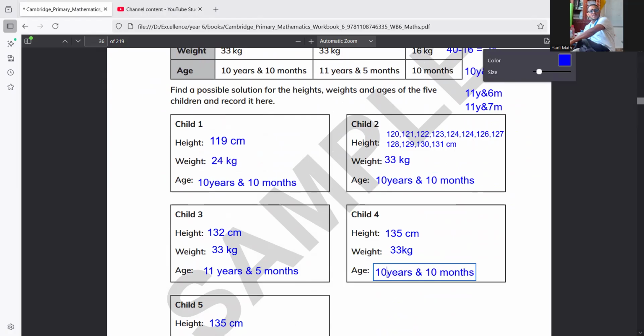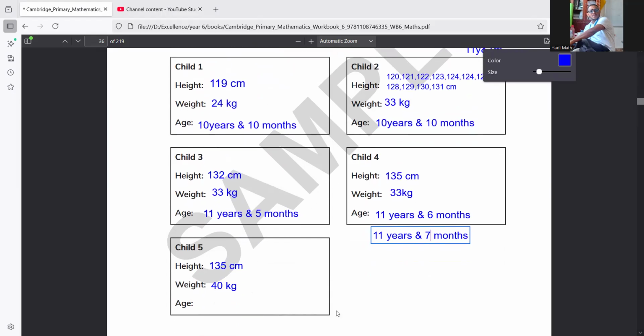You could say 11 years and 6 months, or someone else could choose 11 years and 7 months. And the highest one, we already have it. It is equal to 11 years and 8 months.